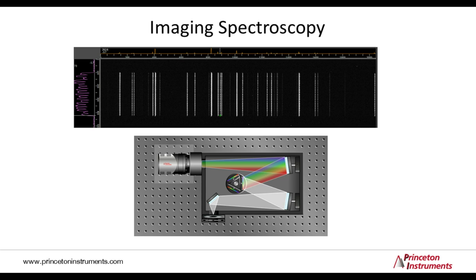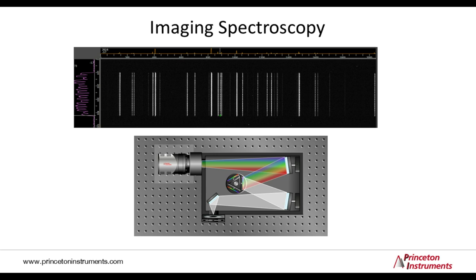The basic principle of an imaging spectrograph, and we often observe that this is not clear to users of these instruments, is as follows. One has some input object. This might be an illuminated entrance slit.